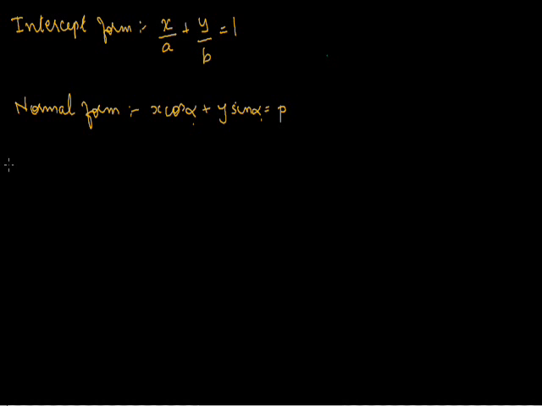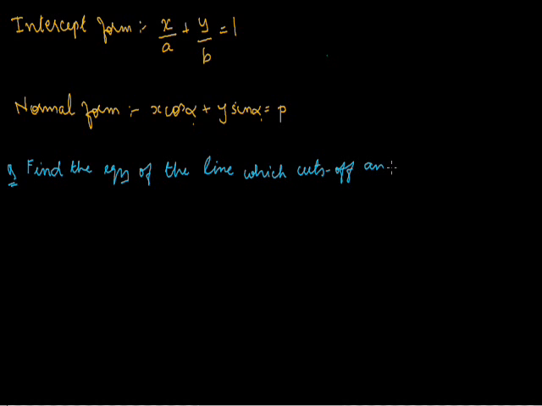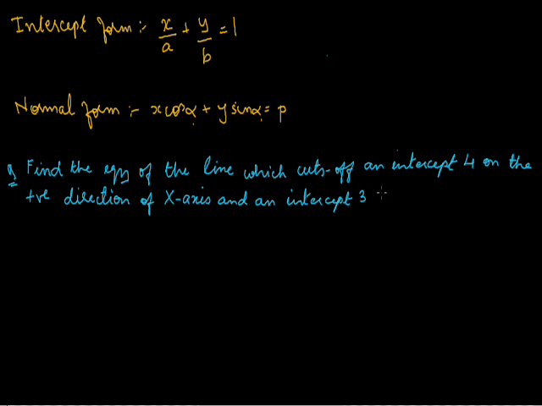So first question I like to have is, find the equation of the line which cuts off an intercept 4 on the positive direction of x-axis, and intercept 3 on the positive direction of y-axis.